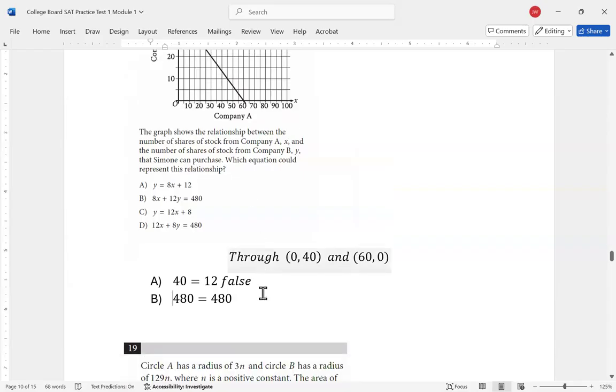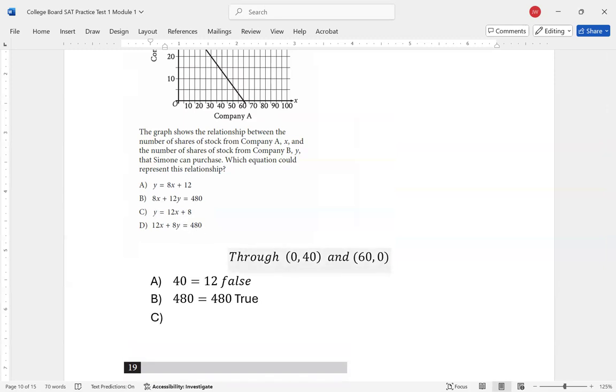Now, you can check for yourself if you're not convinced that 0, 40, and 60, 0 will not work for options C and D either. Again, just plug in 0, 40 for C. If you plugged in 0, 40, you get 40 is equal to 8.